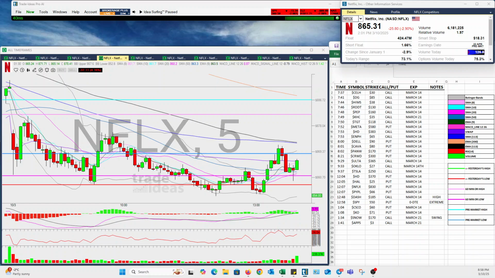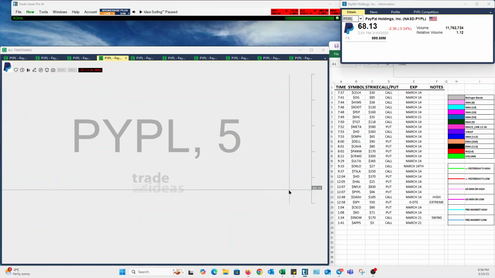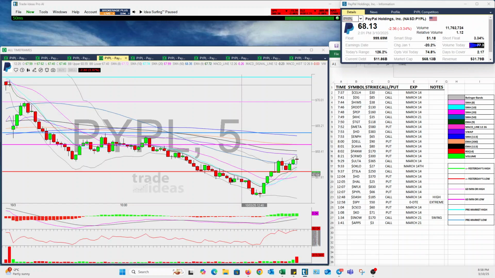Next we had PayPal. That was at 12:07 as well. So again, that's right around here. This one's a little different. It's trying to get through yesterday's low, which it did break below, and then caught some downside.